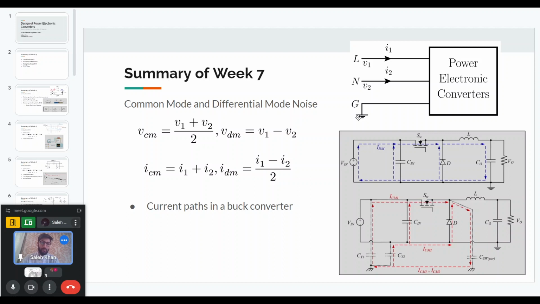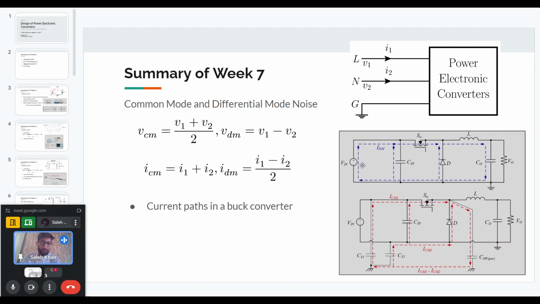The ground or the earth, what we usually say, is basically what will be connected to the enclosure of the converter, or what is called the chassis of the converter. We want it to be at low potential so that it can be handled without any issues, and that is what we will call the ground potential.